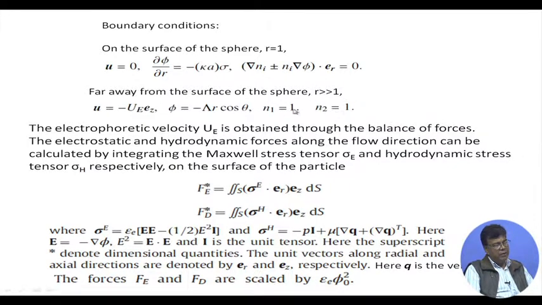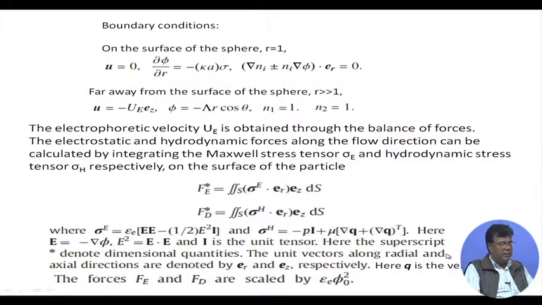The electrolyte is neutral, so you have the same ionic concentration, scaled of course. So, N0 is the bulk ionic number, and we need to find out the forces, and through the force balance we can obtain the mobility, or electrophoretic velocity.